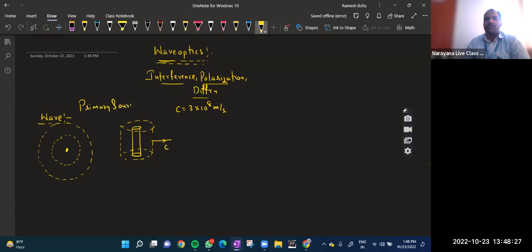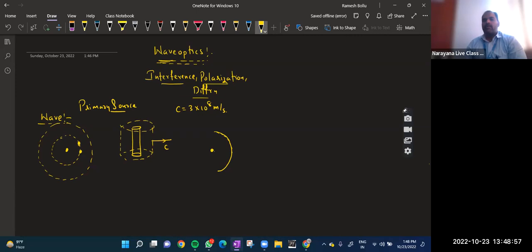And according to Huygens, every point on the wave is acting like a secondary source of light. It is also called a secondary wavelet. One example: I'm taking one point source of light. It produced a spherical wave.